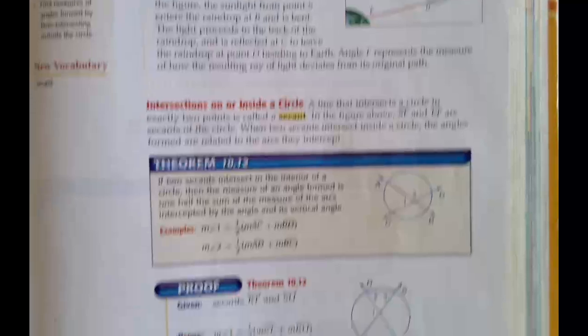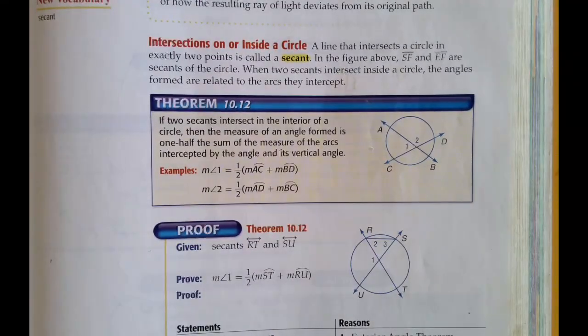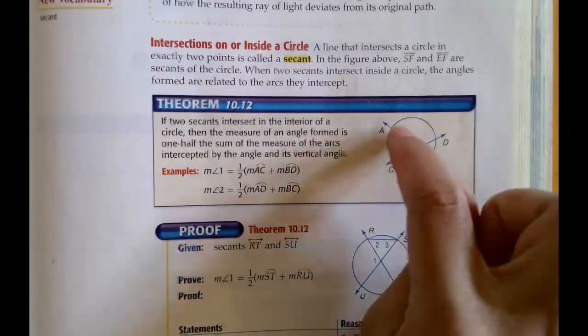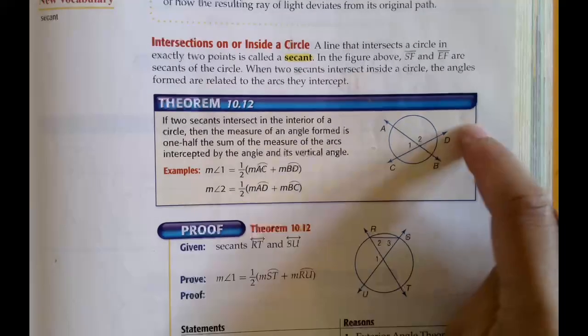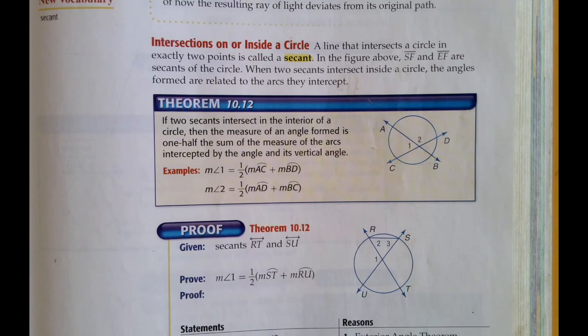Before we get started with our first example, here is one of our theorems. If you have two secants, note that AB touches the circle here and here, and CD touches it here and here, so it touches our circle in 2 spots. If they intersect in the interior of a circle, then the measure of an angle formed is 1/2 the sum of the measures of the intercepted arcs.